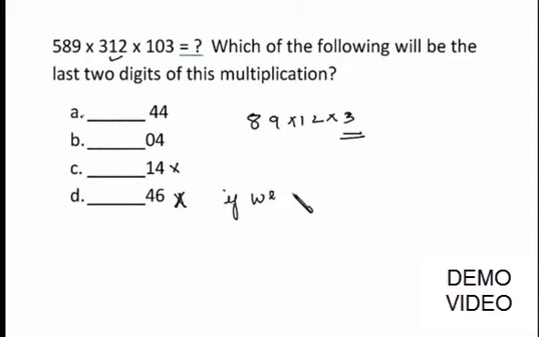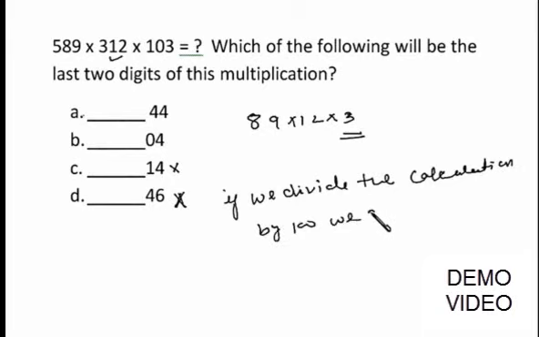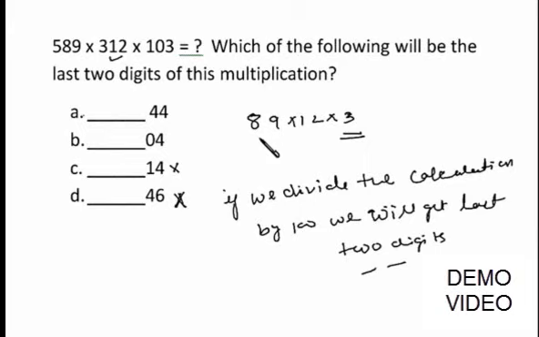If we divide the calculation that is over here, whatever we are having, by 100, we will get the last 2 digits, right? So if we divide 89 into 12 into 3 by 100, we will be getting the last 2 digits.